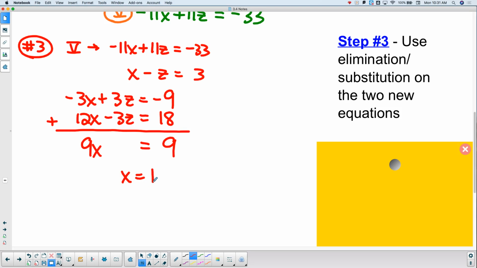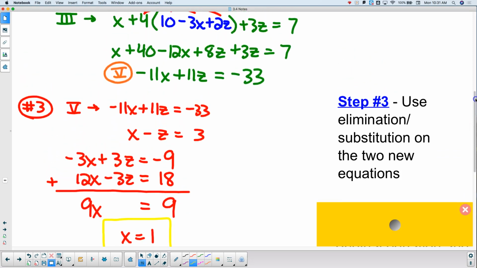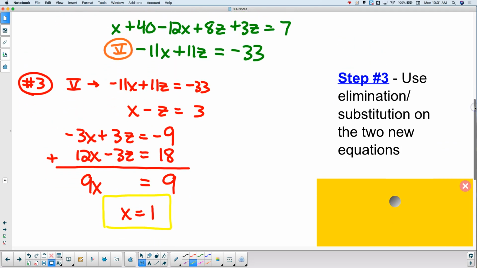Okay. Just remember that. We'll put it in bright yellow. Okay. So if x is 1, then I'm going to go back up here into equation number 5. And I'm going to say that negative 11 times 1 plus 11 times z has to be negative 33. Or I could have went into equation number 4 too.